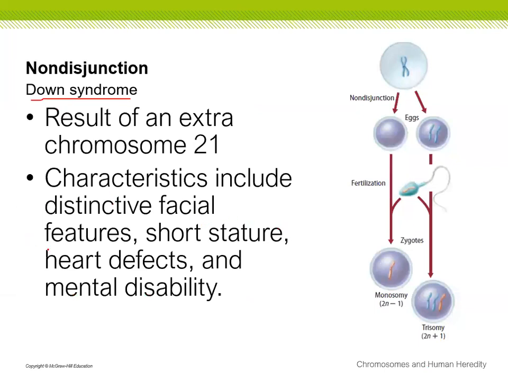It portrays itself in quite different ways. I used to actually run a home for people with Down syndrome, but there's usually some really distinct facial features, usually shorter height. There can be some mental disabilities that do happen. Heart defects are extremely common.